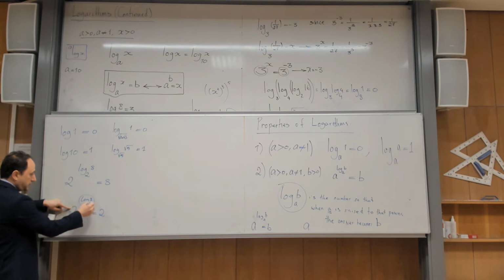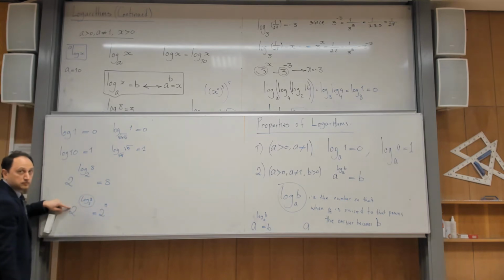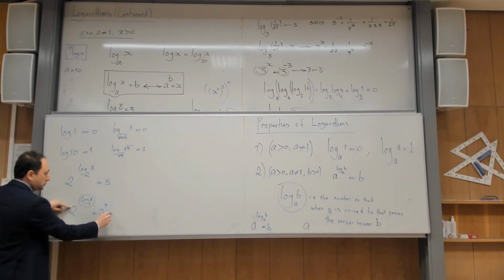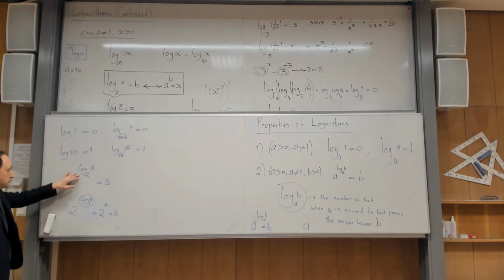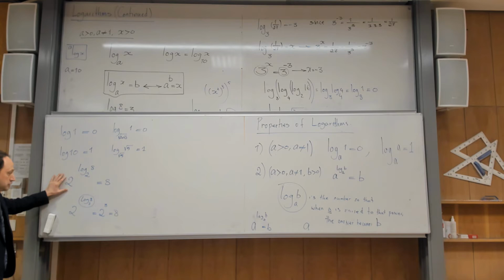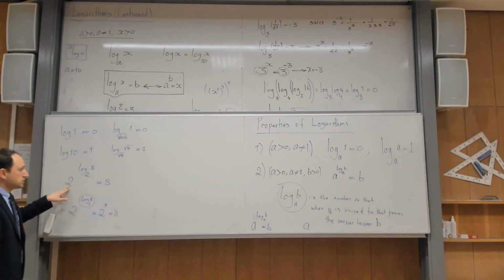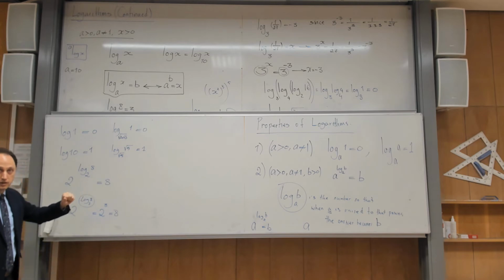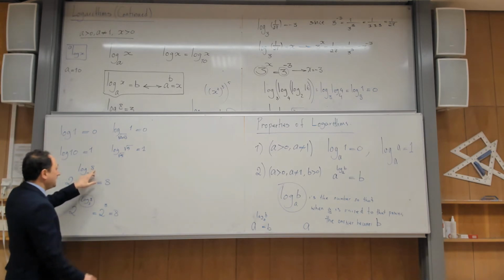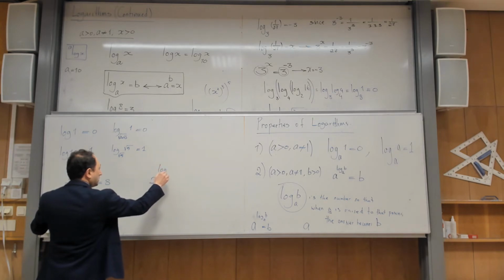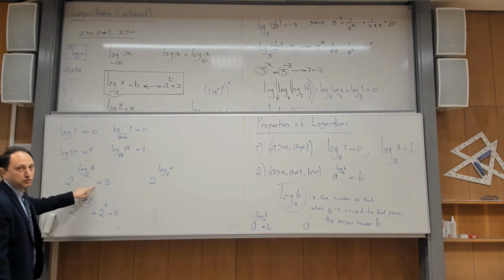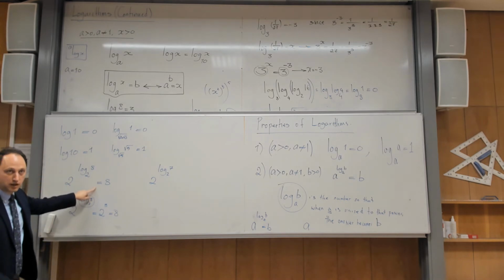So I can simply write 3. But 2 to the power of 3 is 8. So for this one, I have two alternatives: either solve it that way, or solve it using the definition. But if I change this 8 to 7, then for 2 to the power of log of 7 in base 2, only this method will work if you are interested in the exact value.